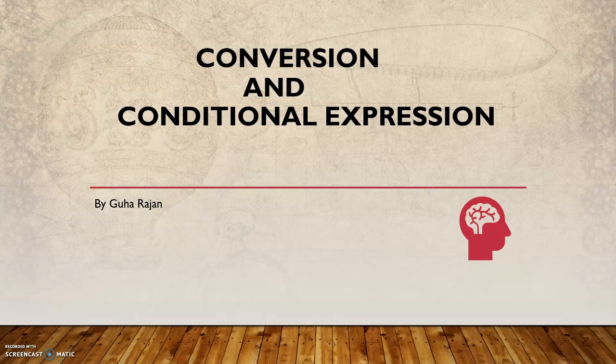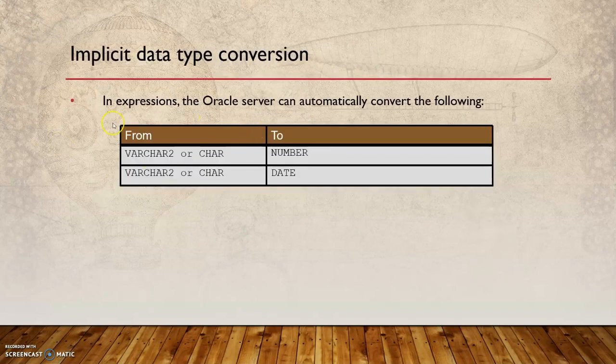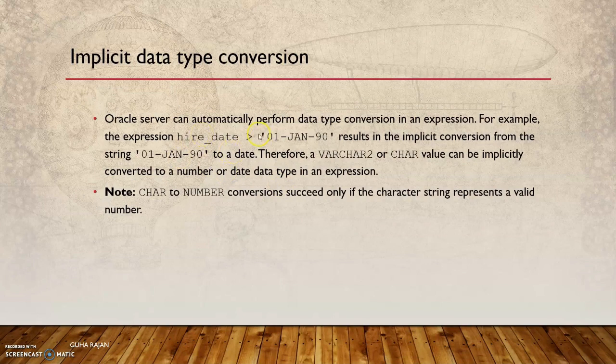The first one is conversion. I'll just touch upon it. As I said, some of them are what is called implicit. The Oracle server can automatically convert varchar or char to a number, and varchar or char to a date, in certain situations. For example, if you give in the select statement a hire date, because it's a date column, and you give something like 01 Jan, that is an implicit conversion.